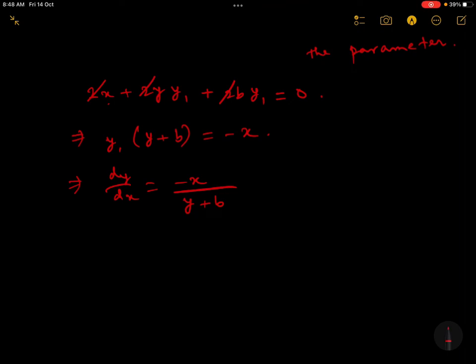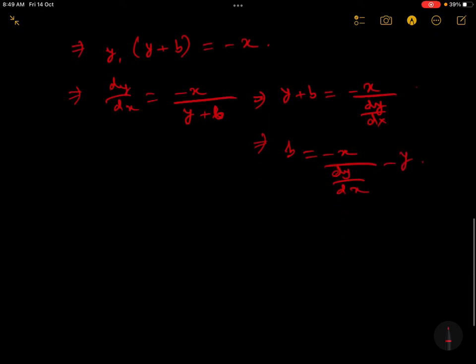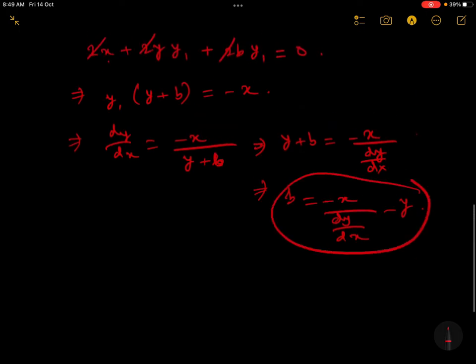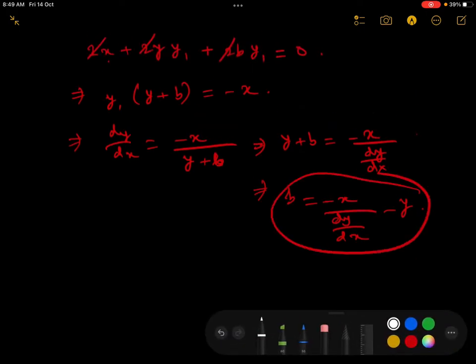And our aim is to eliminate arbitrary constant b. So let us modify this one a bit. y plus b equal to minus x dy by dx, and b remains minus x dy by dx minus y. Okay, now we got this expression for b.